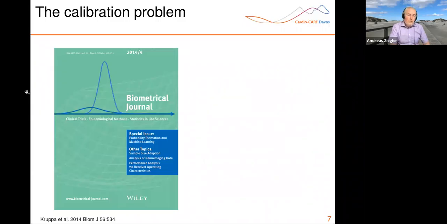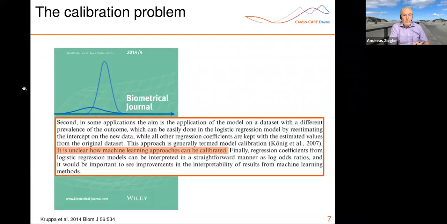Why have we looked at this problem in some detail? Well, we published a special issue in the Biometrical Journal about 7 years ago on probability estimation and machine learning. And you can find in one of our papers we published there the following paragraph, which is given in this box. I've specifically marked one sentence which we wrote there: It is unclear how machine learning approaches can be calibrated.